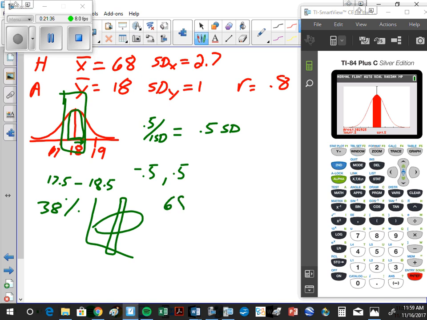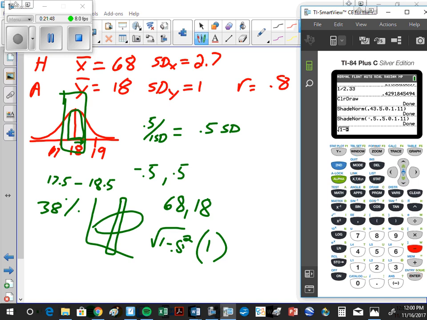It's still 68, 18, but our new SD is going to be the square root of 1 minus 0.8 squared, times 1, which is 0.6.